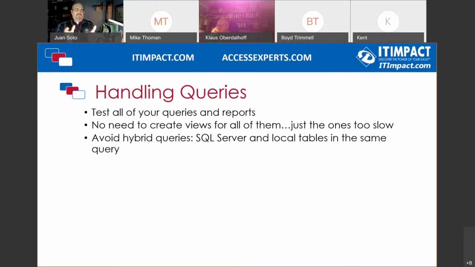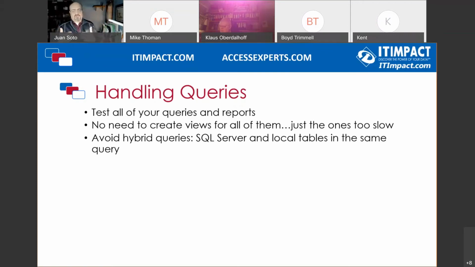All right. So you've migrated your data to SQL Server. You've added foreign keys where needed. You linked it back to the Access front end. Consider that this whole thing is the first pass. Now you need to run your queries and reports and forms to see if they're slow.